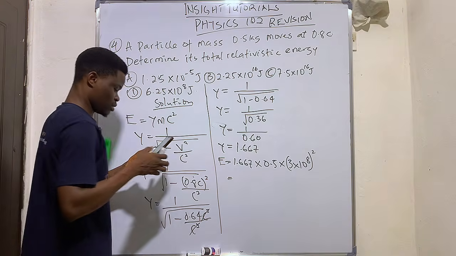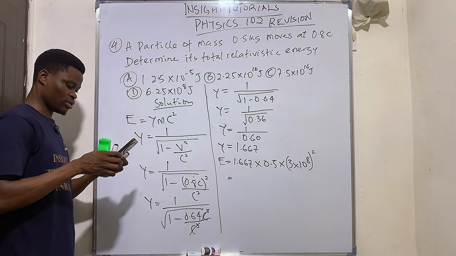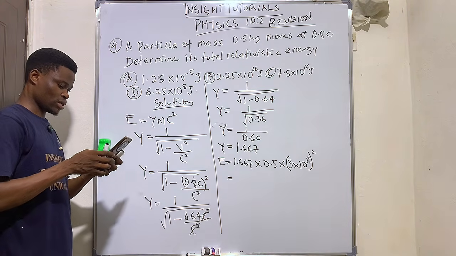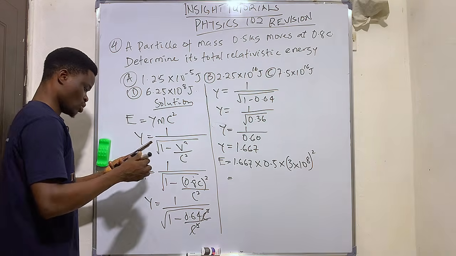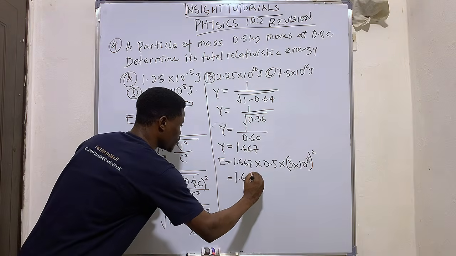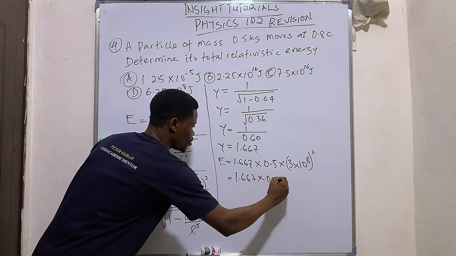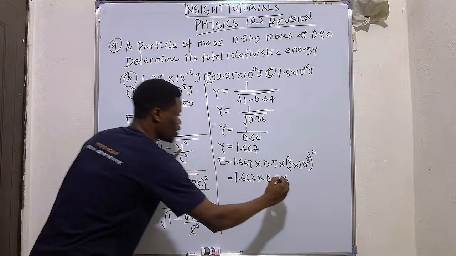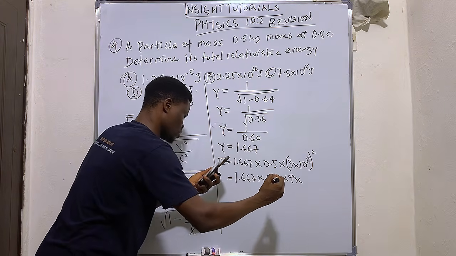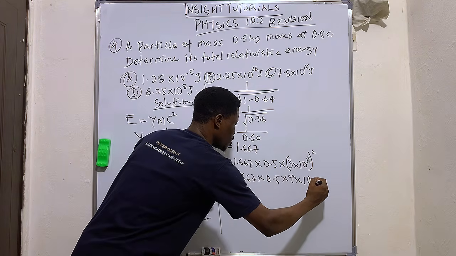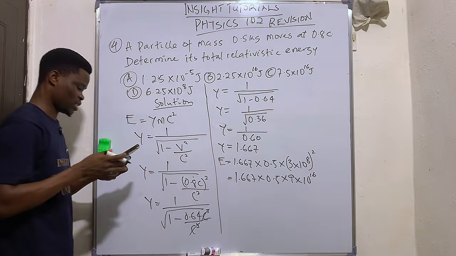So 3 times 10 raised to the power of 8 in its squared gave us 9 times 10 raised to the power of 16.